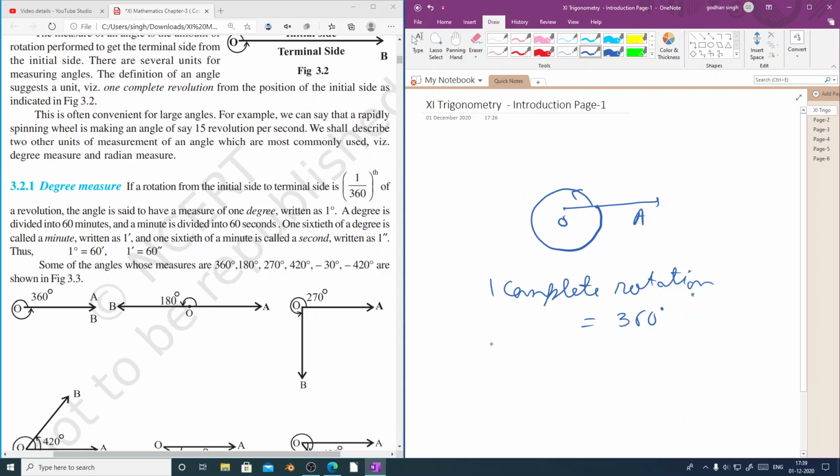Each part, the 360th part of that rotation, will be known as 1 degree. So 1 degree is equal to 1 by 360th part of a complete rotation.